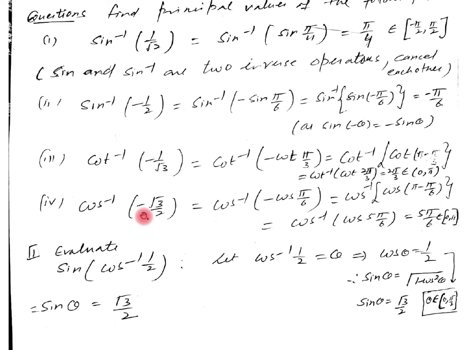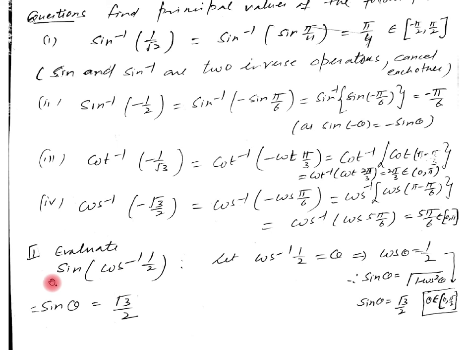The functions outside the bracket and inside the bracket will always be the same. So now here we have sine of cos inverse 1 by 2, and we have to convert it into sine to simplify it. Here is sine, so it must be sine. Here is cos, it must be cos. Here is tan, it must be tan. This you have to care about.